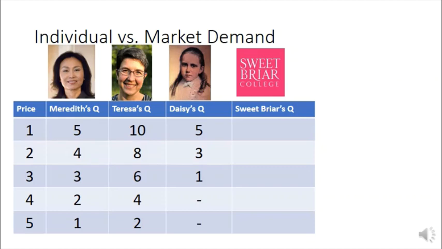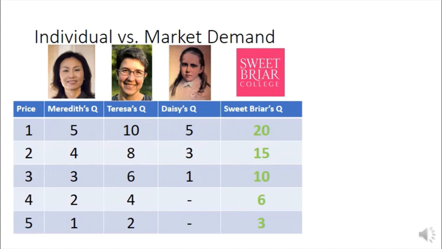Sweetbriar's demand is just the horizontal sum of everyone's individual demand. So at a price of $1, we take how many President Wu is buying, 5, add it to how many Dean Garrett is buying, 10, add that to how many Daisy is buying, 5, and we get that all of Sweetbriar is demanding 20 of this thing.